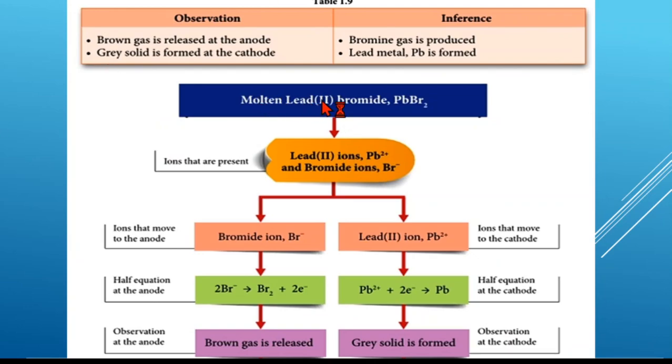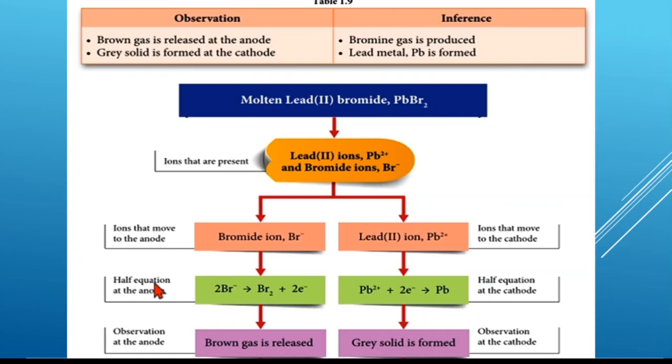So, molten lead to bromide PbBr2. Ions that are present adalah Pb2 plus dengan bromide ion iaitu Br minus. Ions that move to the anode, ini ulangan, adalah Br minus. Ions that move to the cathode is Pb2 plus.